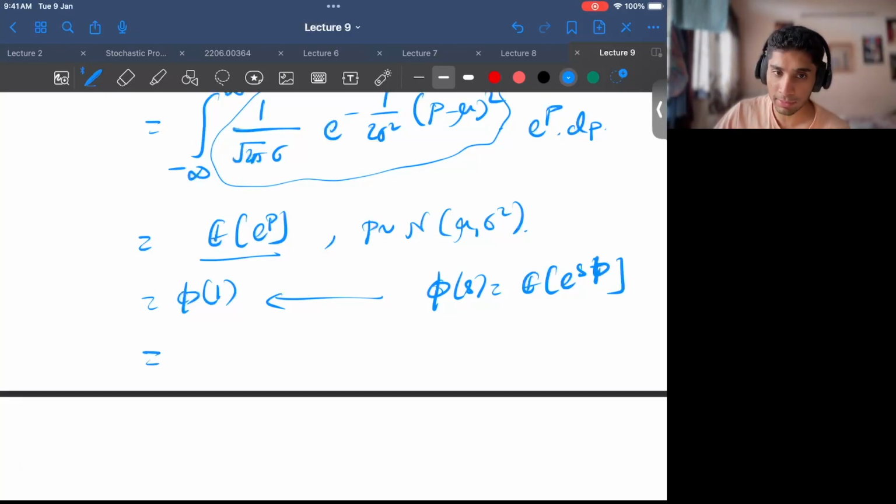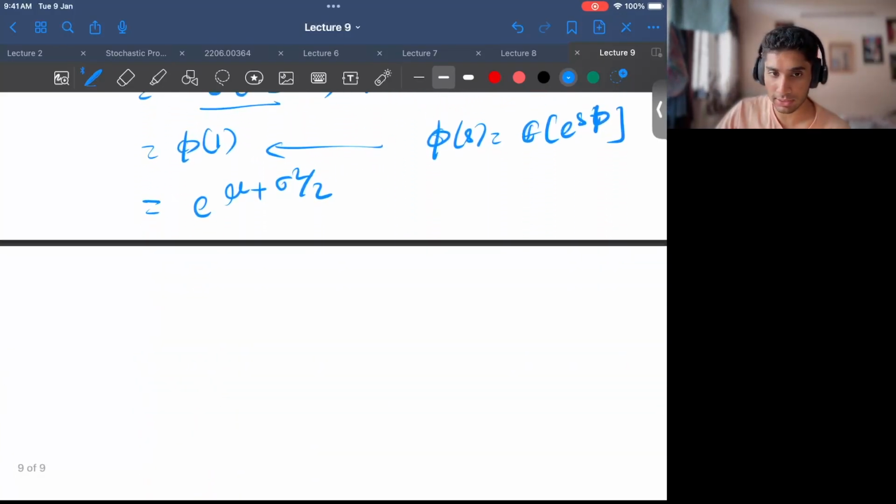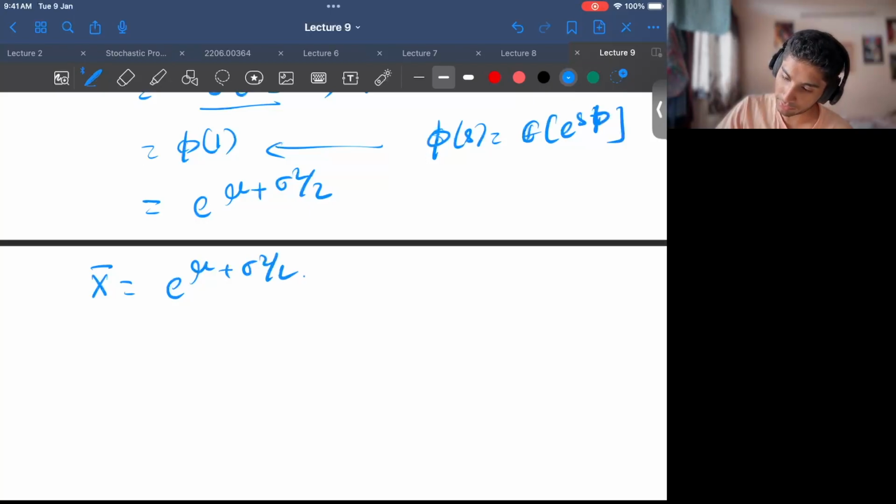This thing will become e raised to, if you remember, mu plus s sigma square by 2. S is 1, so this will just be sigma square by 2. So this is your first moment: X bar is equal to e raised to mu plus sigma square by 2.